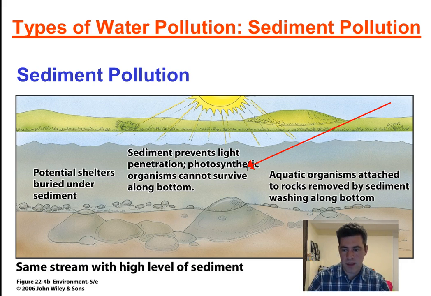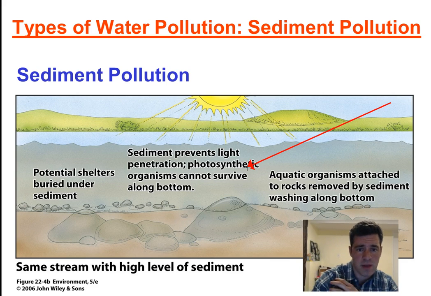Even worse. On top of that, because the water is also now darker in color, the albedo has gone down. The reflectivity has gone down. It's absorbing more energy. You can imagine what might happen, guys. When the temperature goes up, what happens to the ability to hold on to dissolved oxygen? The answer is that goes down. So now we have less oxygen dissolved in the water.